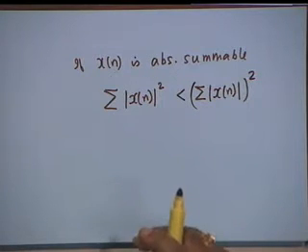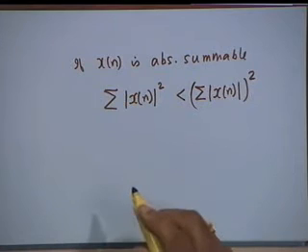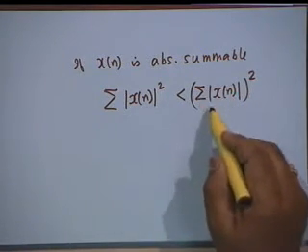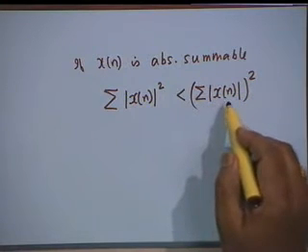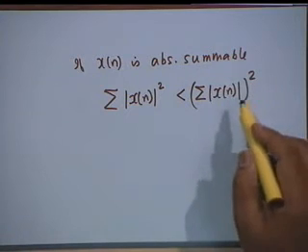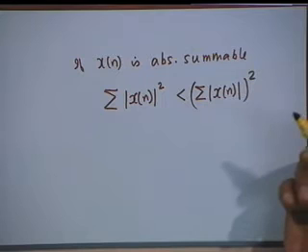A squared plus b squared is always less than a squared plus b squared plus twice ab. So, a finite and absolutely summable sequence has a finite energy. If this is less than infinity, then its square is also less than infinity.